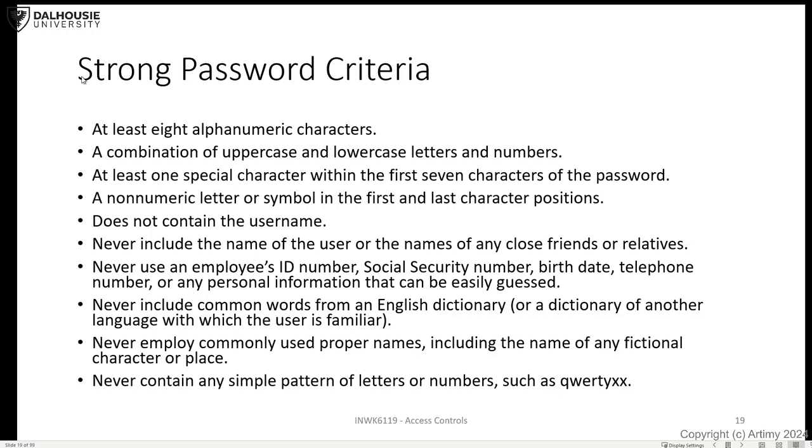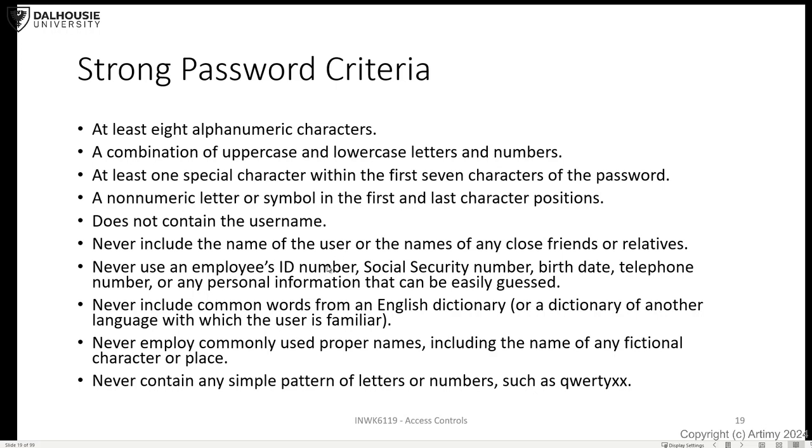So these are the common rules: at least 8 alphanumeric characters, a combination of uppercase and lowercase, at least one special character. These are common things that the administrators ask for. The password must start with a letter. Don't put a username in the password, so don't use your username as password or part of a password.